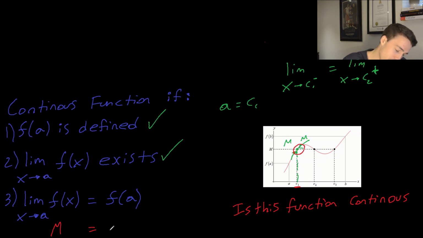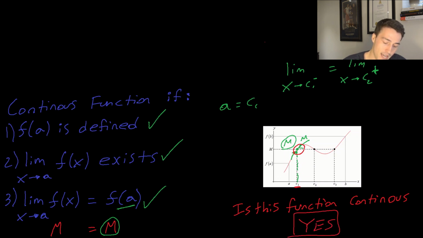Well, we'd get this value of m here. So this actually checks out as well. We said that the limit does exist, and the limit at that value would be m, because it goes to the left and the right, it approaches this value of m. And the function is defined and is given a value at that x variable equal to the m value again. So this third criteria matches, and we can now finally say that this function is continuous, so yes.